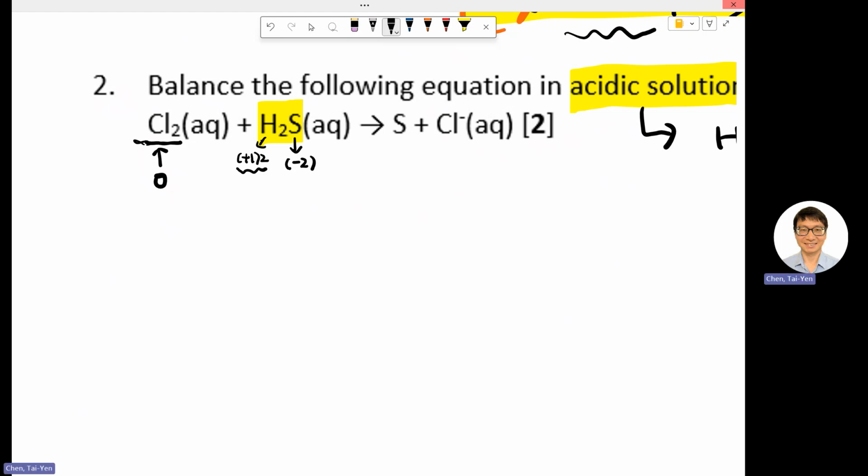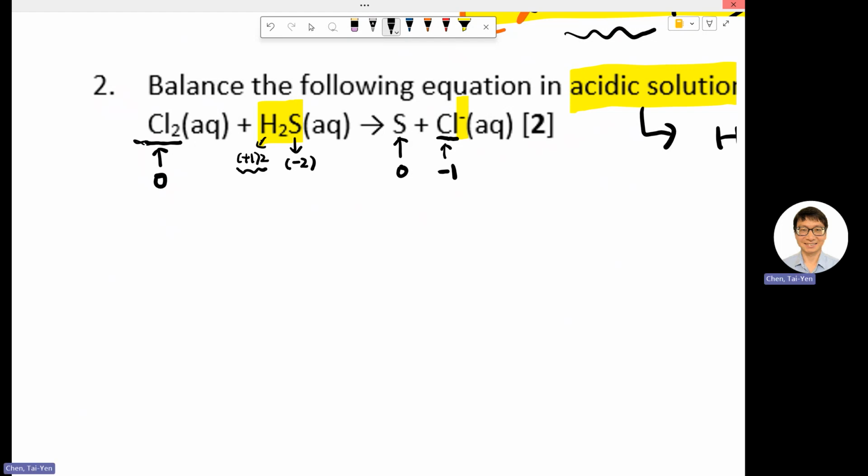After the reactions, you form a species S, right? So this is a single atom species and it's neutral. Therefore, its oxidation number will become 0. And then Cl-, again a single atom species. Since this one carries a -1 charge, the oxidation number of your Cl will be -1.